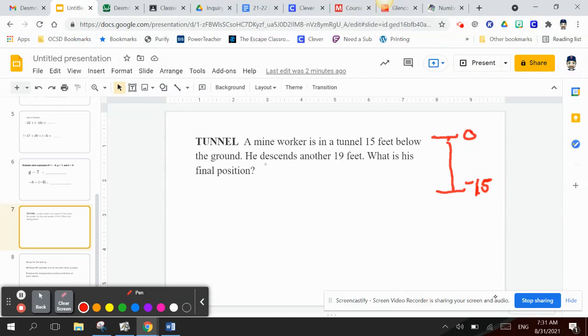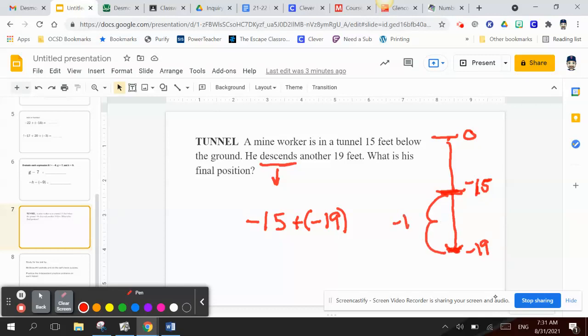And if he descends, D means he went down. So if we went down another 19, where would he be now? So I have -15 plus a -19, because he's here and he goes down 19 more to get to here.